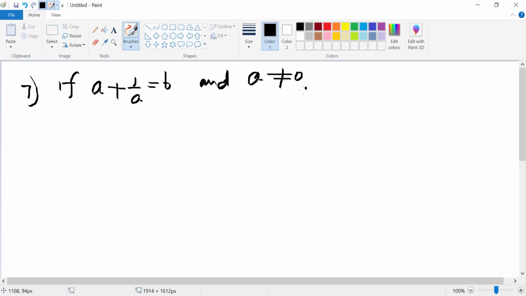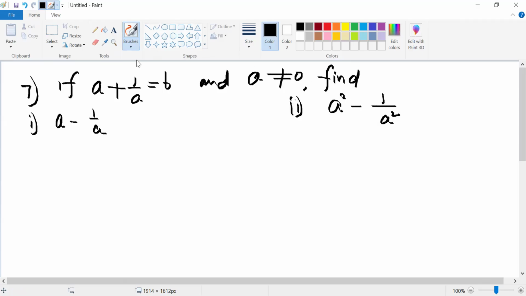That's why they have given that condition. Find a minus 1 by a, and the second question, a square minus 1 by a square. So a plus 1 by a is given, from that we have to find a minus 1 by a.